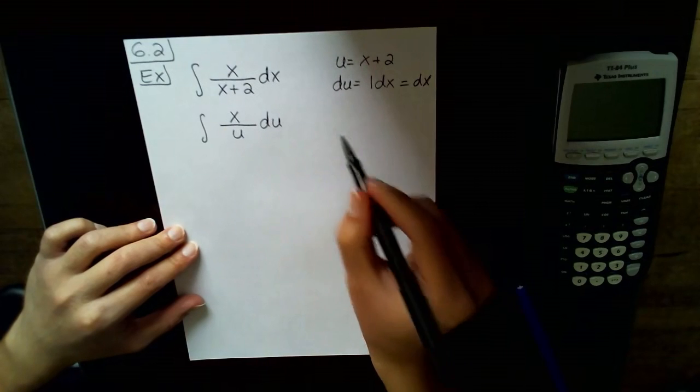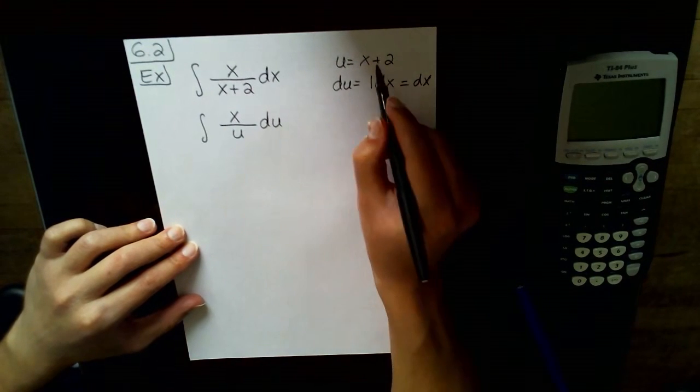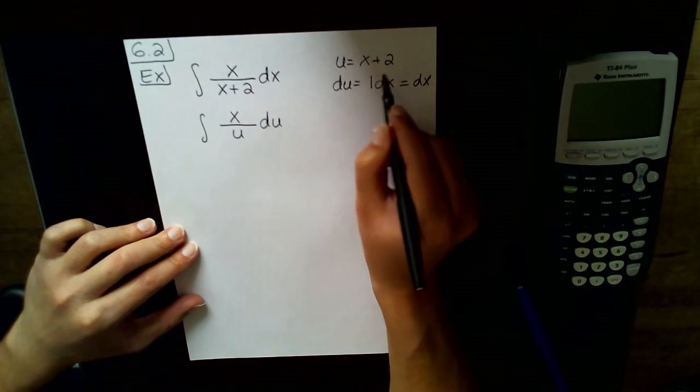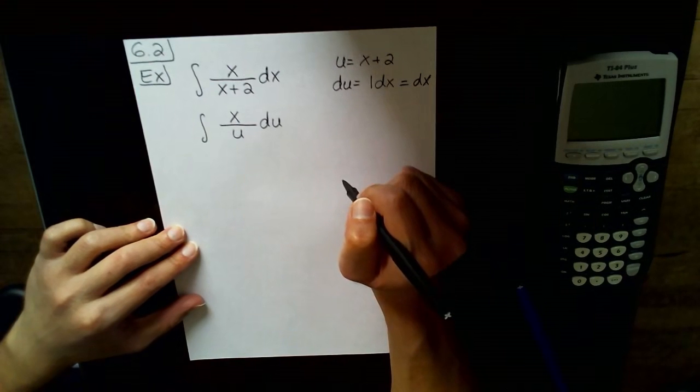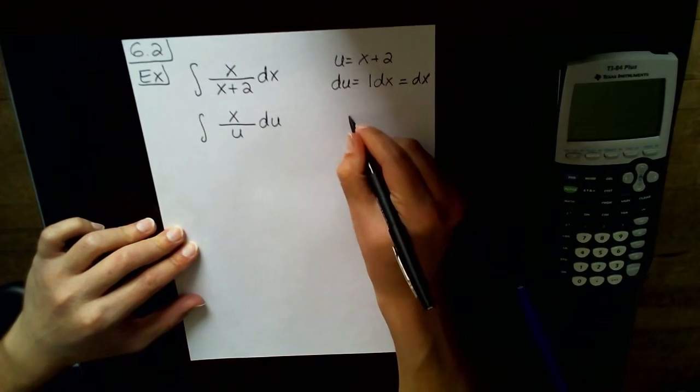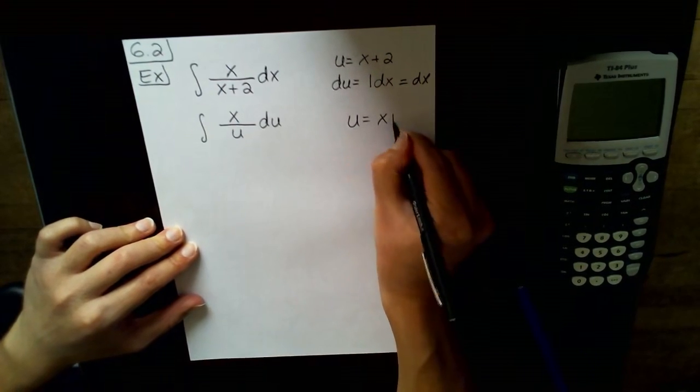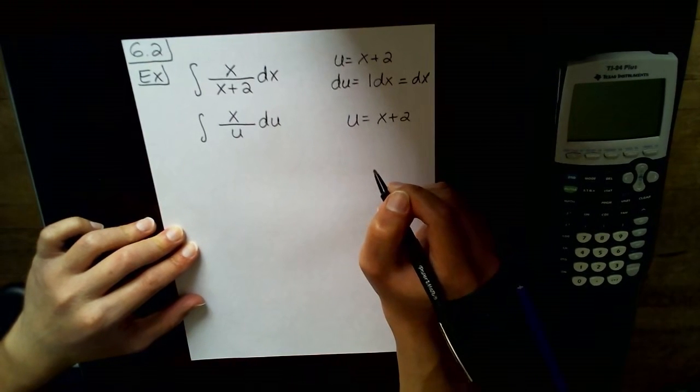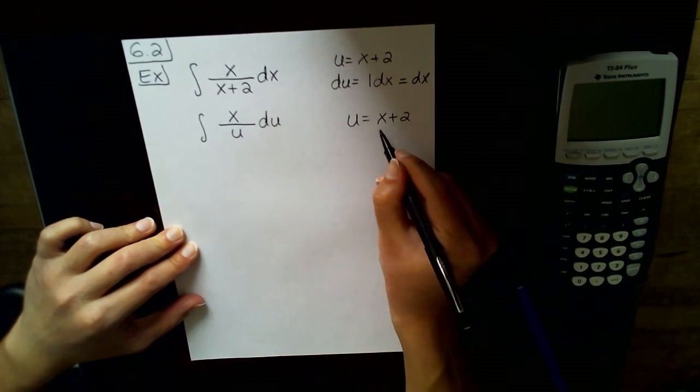So we have to do a little trick here, looking back to the original u substitution we used. We said u is equal to x plus 2. Can you think of a way to get x alone from here?